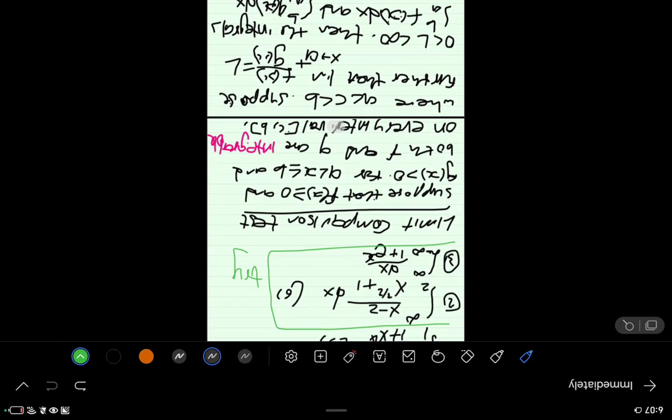So the limit comparison test. The limit comparison test will say, suppose that f of x is greater than 0.